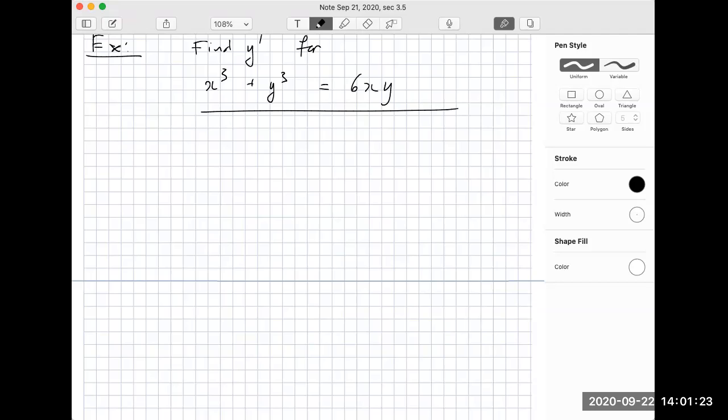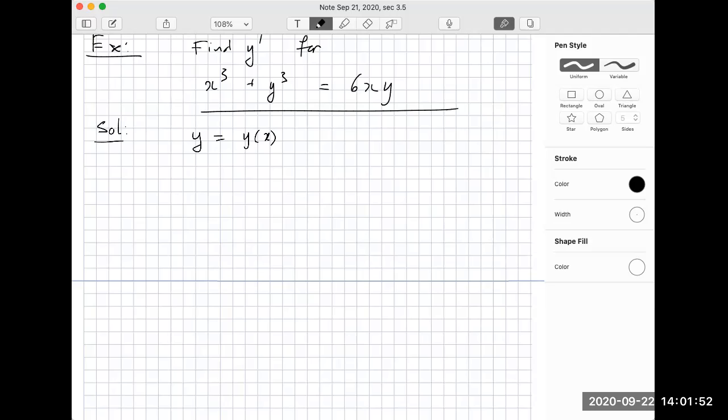From this equation, this implies that y is a function of x, right? We can somehow write y in terms of x, but it's really difficult. We don't know what it looks like yet, but the implicit differentiation allows us to compute the derivative of this. That is the beauty of it.